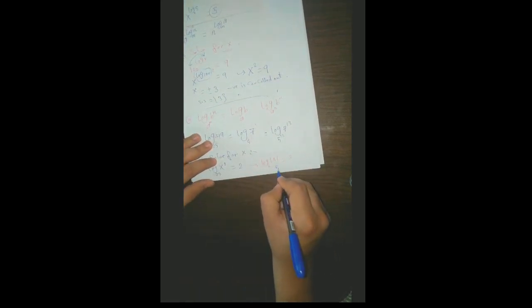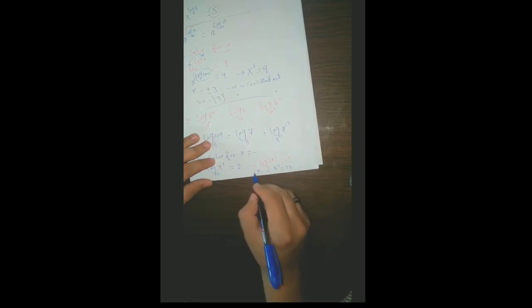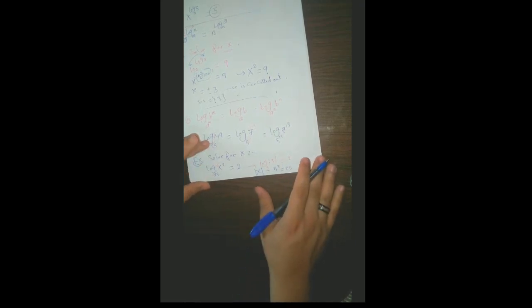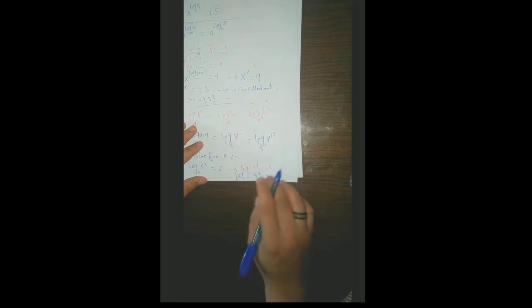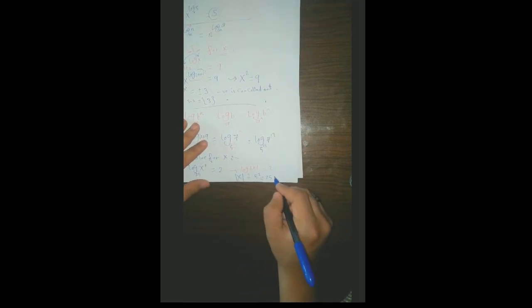And here we have 5 to the power 2 equals the absolute value of x, which is 25. Then here we have x either 25 or negative 25.